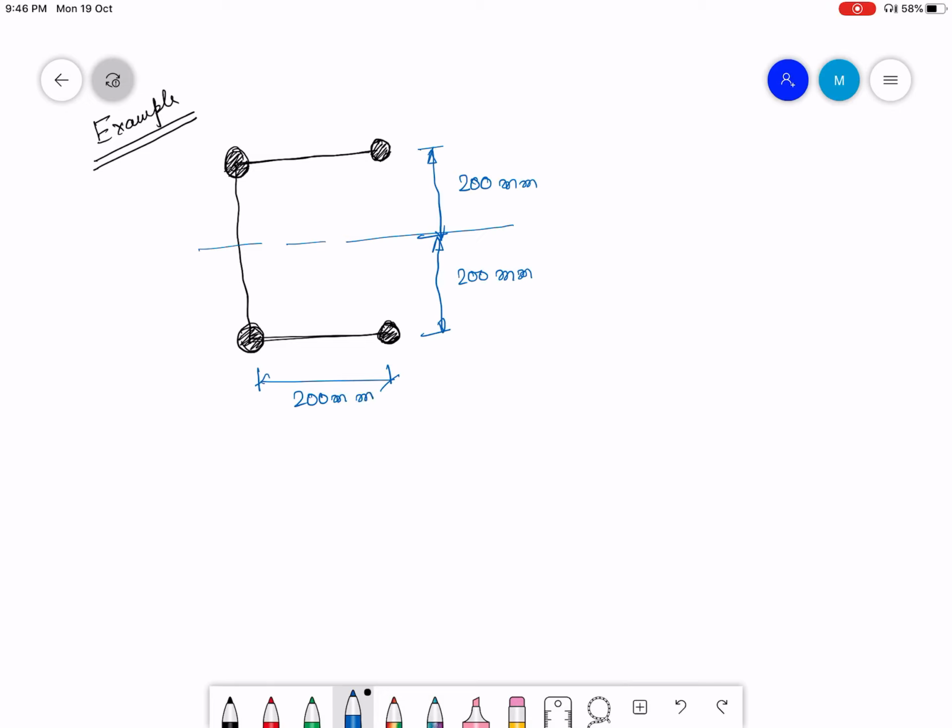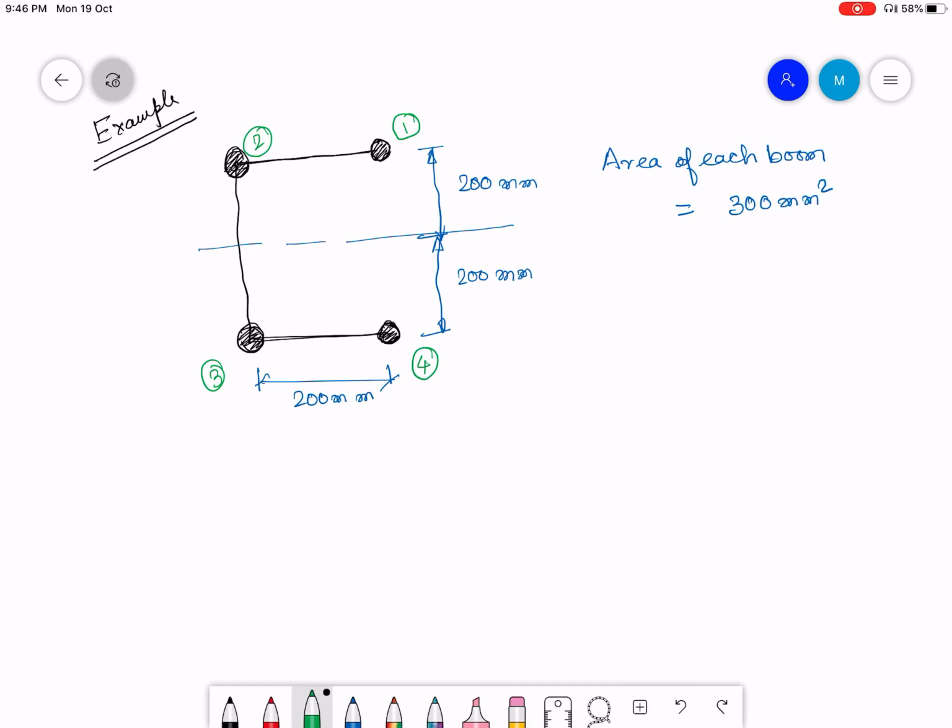And the area of each boom is 300 millimeter square. Let me number the booms. This is 1, this is 2, this is 3, this is 4.